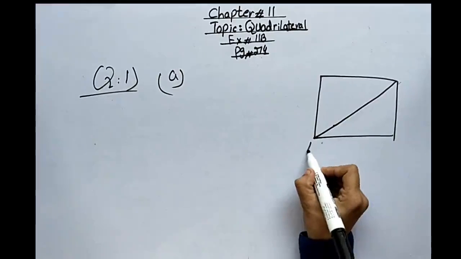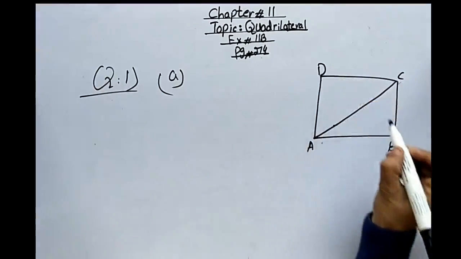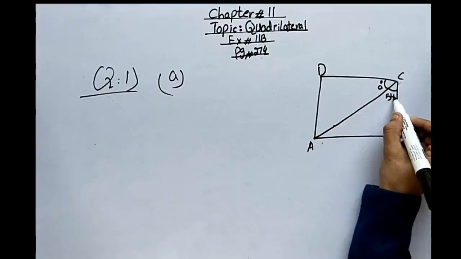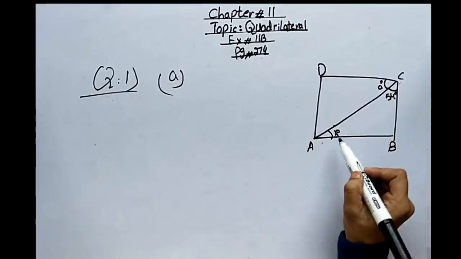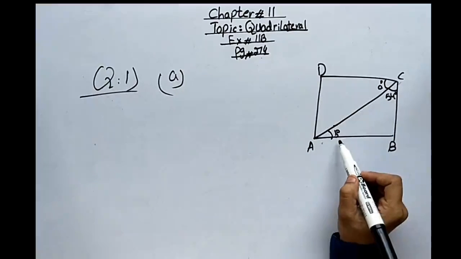The angles are A, B, C and D. This angle A, and this angle is equal to 54 degrees, and this one is B. It means A and B are unknown angles and we will find A and B.